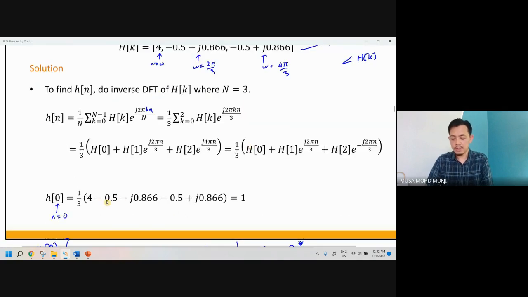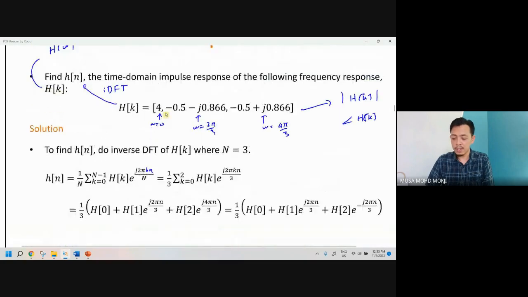And this one, minus 0.5 minus j 0.866. But this becomes easy because this is e to the power of, then n is 0. So we can drop this, because e to the power of 0 is 1, and this one, e to the power of 0 is also 1. So what we will do is just 4 plus this thing, and then plus this thing.